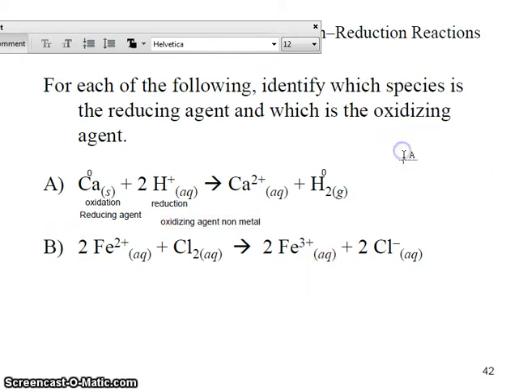So hopefully you can see another way to identify oxidation and reduction is by the increase in positive charge.